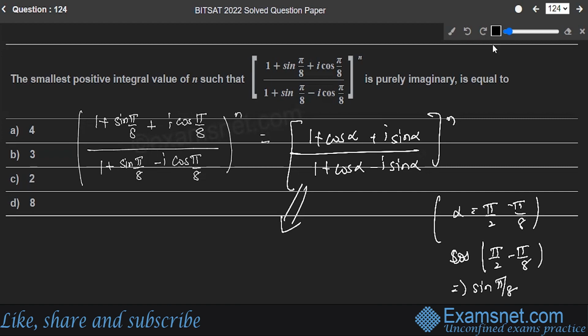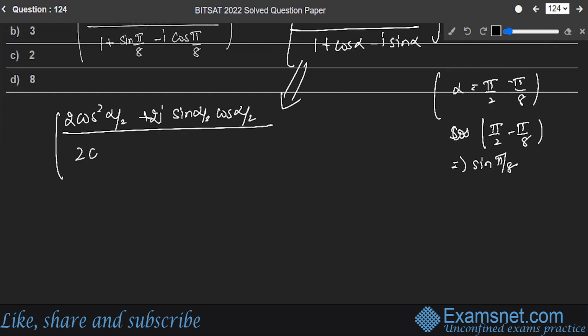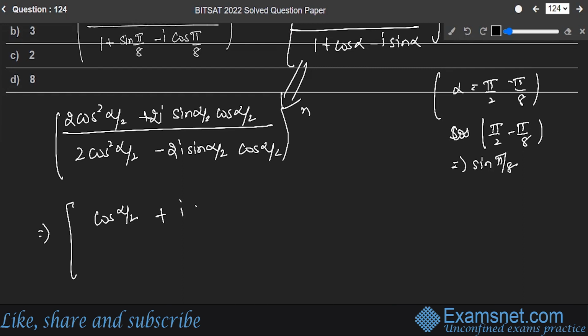Now this will be equal to (2 cos²(α/2) + 2i sin(α/2) cos(α/2)) divided by (2 cos²(α/2) − 2i sin(α/2) cos(α/2)), power n. Dividing the numerator and denominator by 2 cos(α/2), you will have (cos(α/2) + i sin(α/2)) divided by (cos(α/2) − i sin(α/2)), power n.